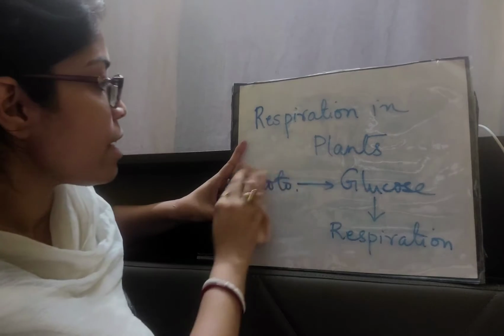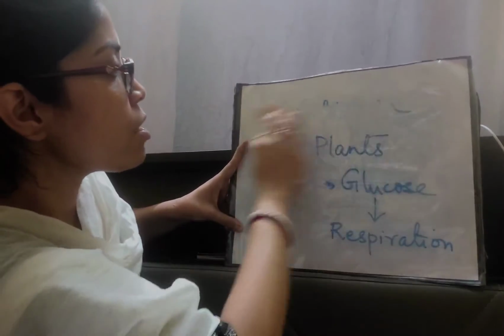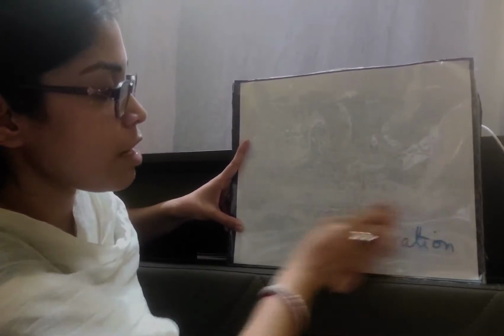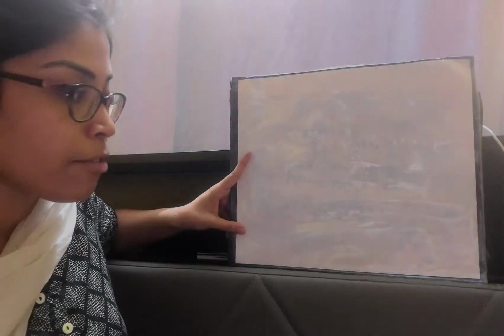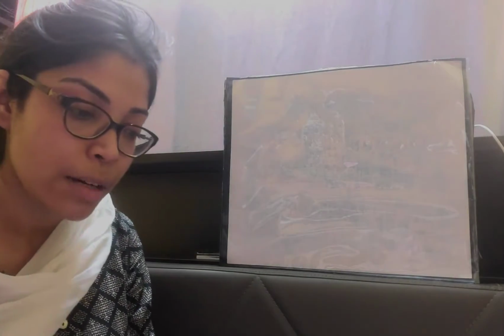So now let me write down the process of respiration, or the equation of respiration. Just like there is a particular equation of photosynthesis you learned in your previous chapter, respiration also has a particular equation. Okay, so what is the equation?